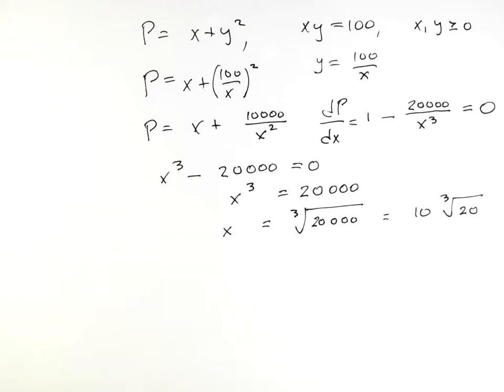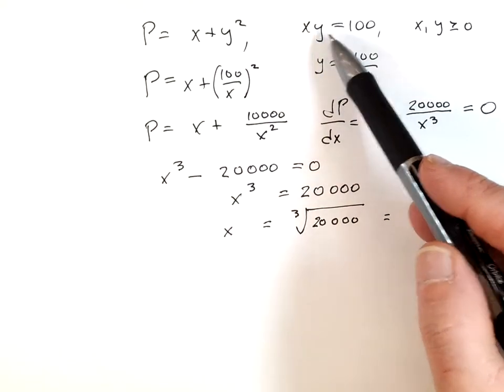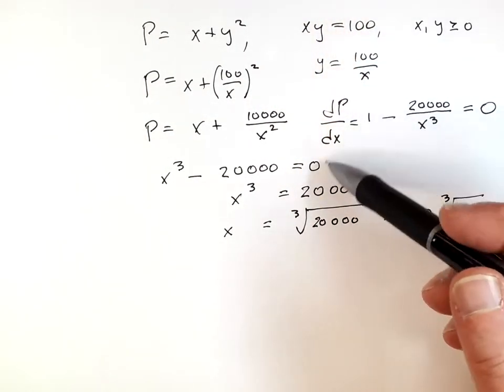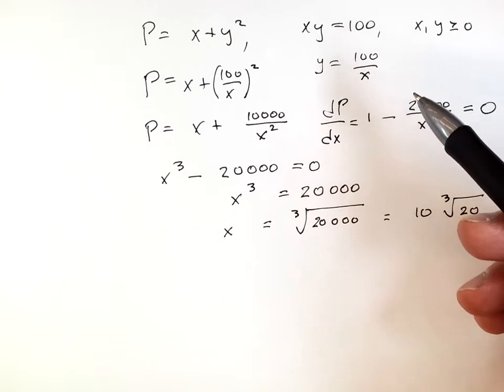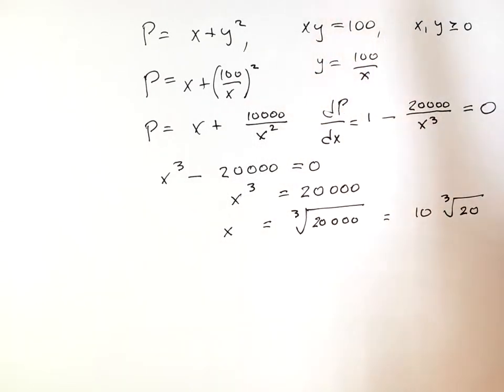Find all critical values. Well, there's one critical value. We have another critical value where the derivative does not exist. The derivative does not exist at x equals 0, okay? But at x equals 0, like Damien just pointed out, we can't get x times y to be 100. So that's a value we have to just plain eliminate. It can't meet the constraint here, so x equals 0 is not a possibility.